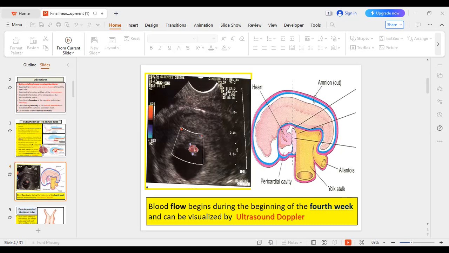The septum primum is sickle-shaped and grows from the roof of the common atrium towards the fusing endocardial cushions, the septum intermedium, so it divides the common atrium into right and left halves.